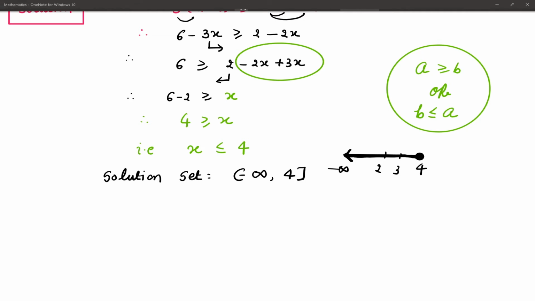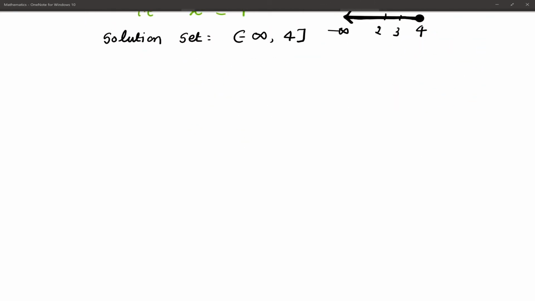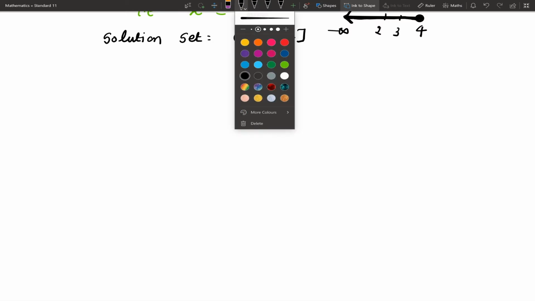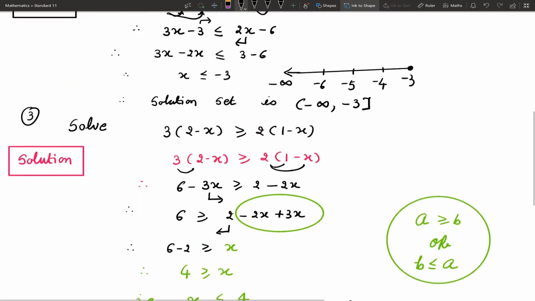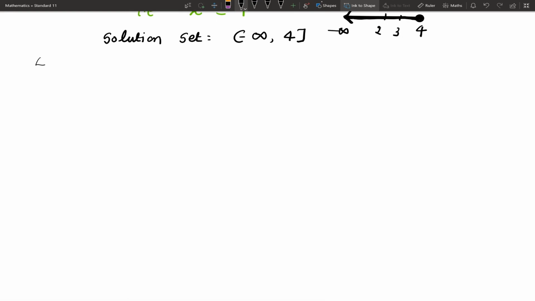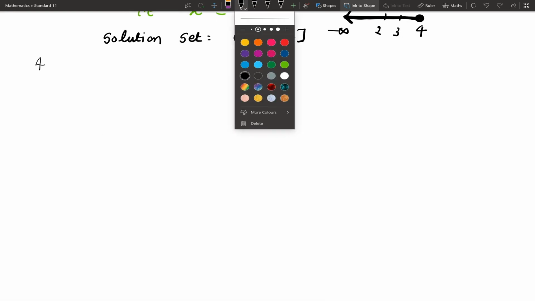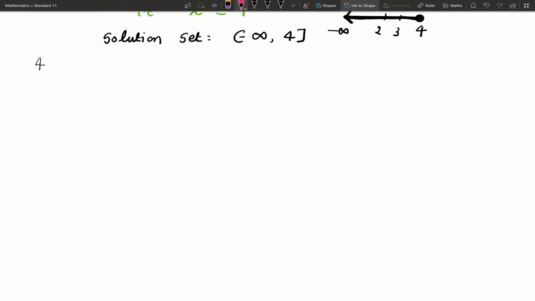Next, fourth one, solve x plus x by 2 plus x by 3 less than 11.